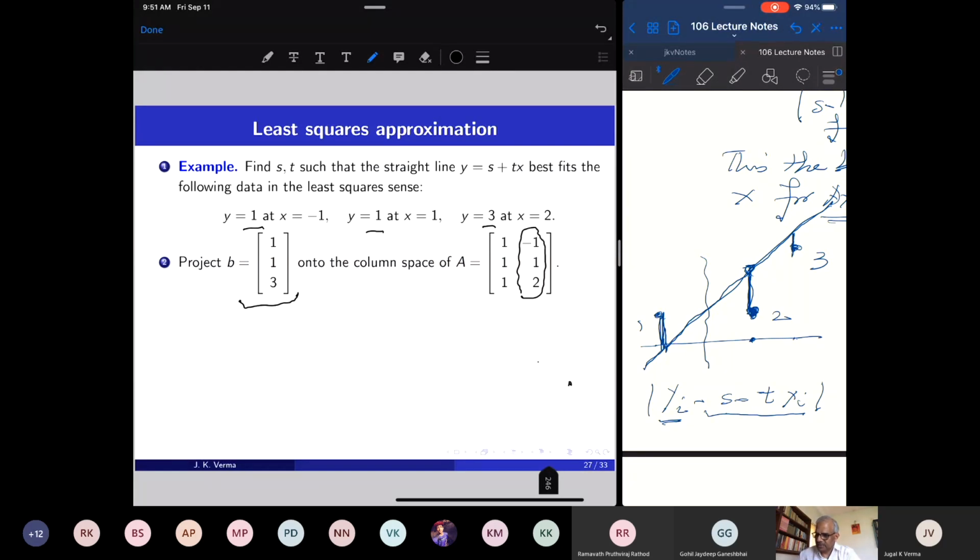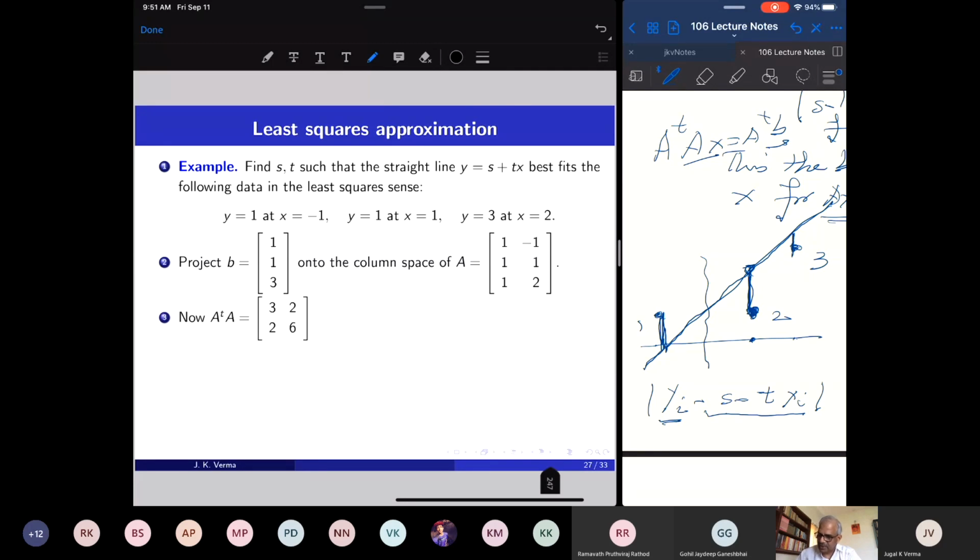You form this matrix A and the matrix B, and then the normal equations. The normal equations are A transpose A X equal to A transpose B. AX equal to B was the original equation; you just multiply on the left by A transpose. I get the normal equations for that least square problem.